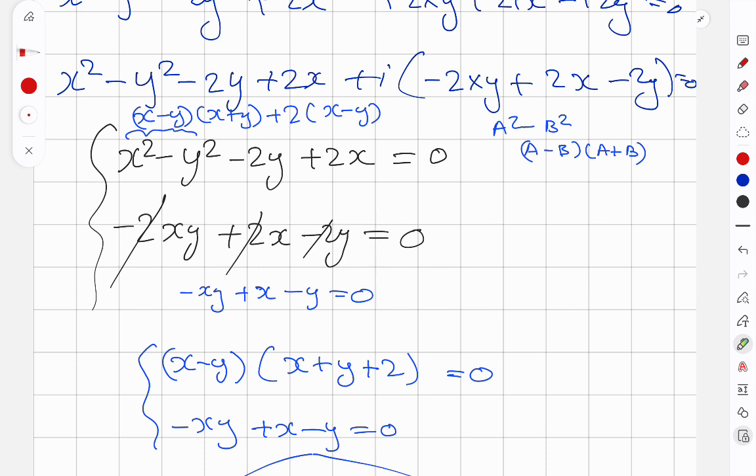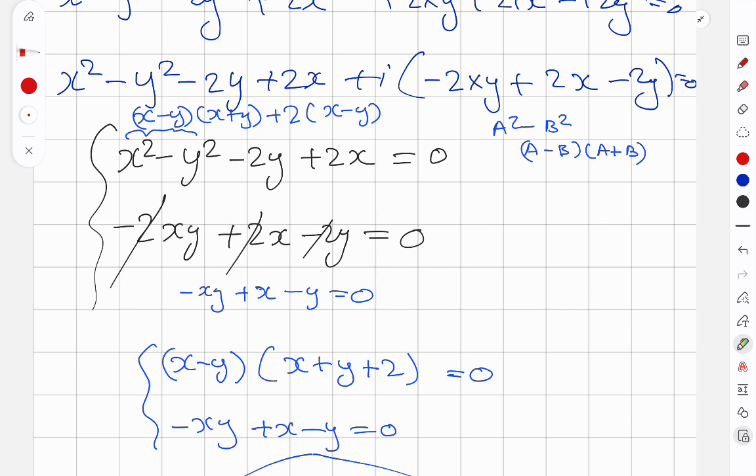Then solving this part, your x is negative y negative 2. Since x plus y equals negative 2, your x equals minus y minus 2.